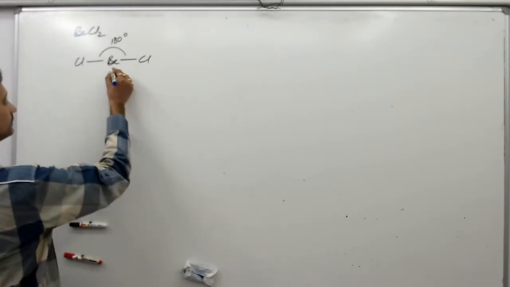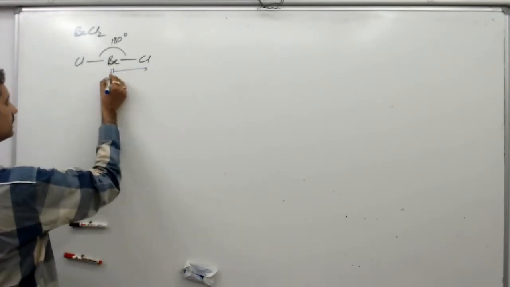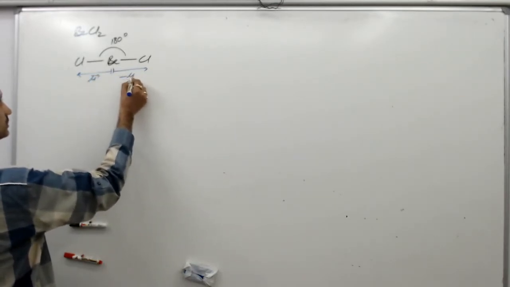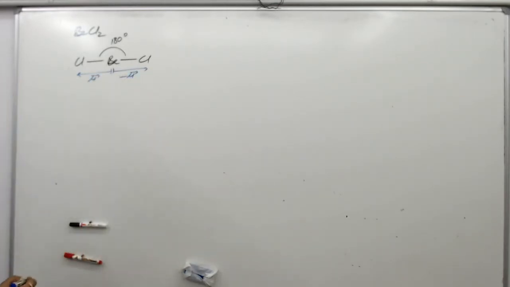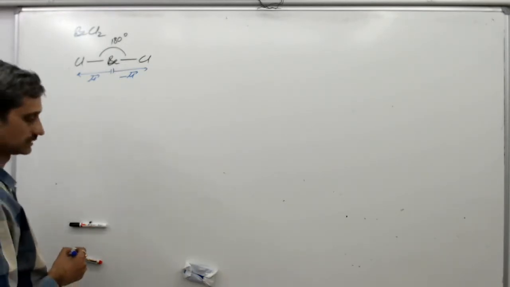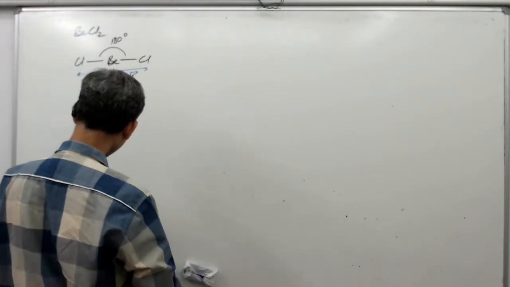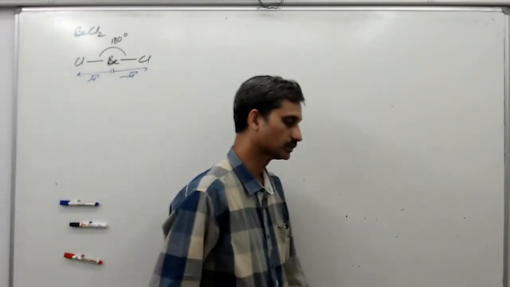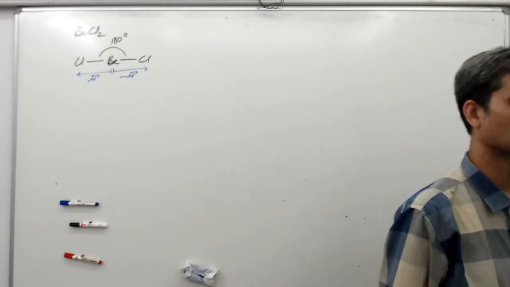Here there would be a dipole moment. Here there would be a dipole moment. This is mu, this is minus mu. Now BeCl2 will have polar bonds, but BeCl2 is going to be non-polar.